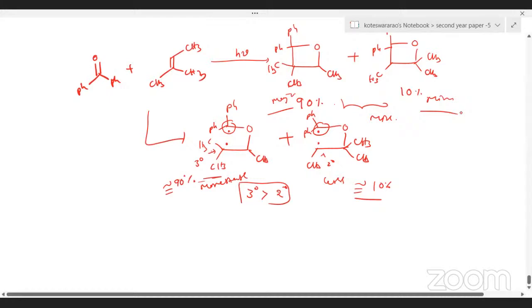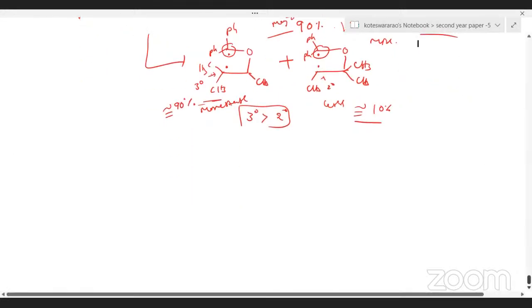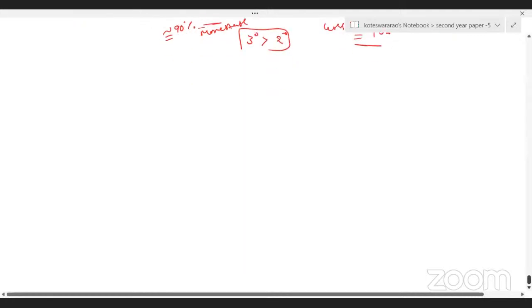Okay. Now coming to the stereochemistry of the Paterno-Buchi reaction. Sometimes not only olefins, but alkynes can also undergo the Paterno-Buchi reaction.